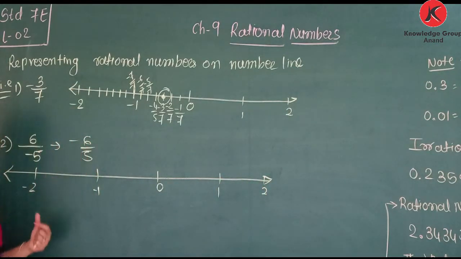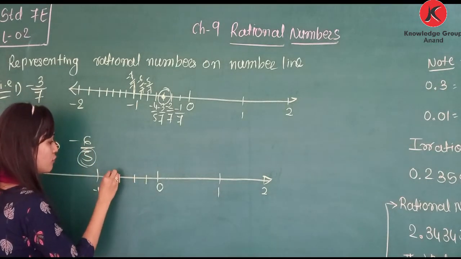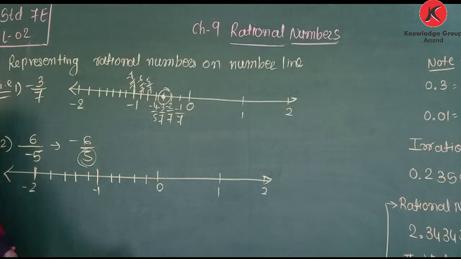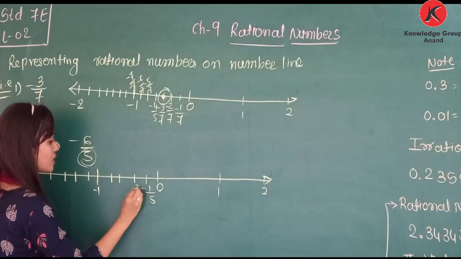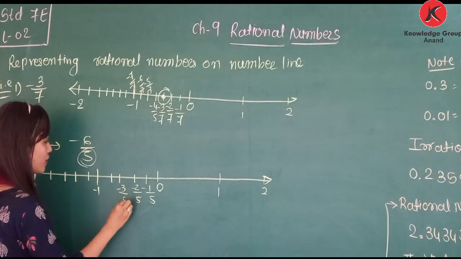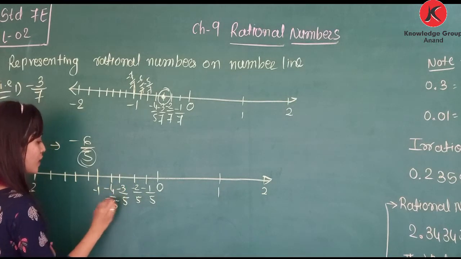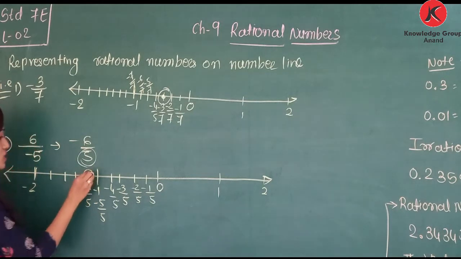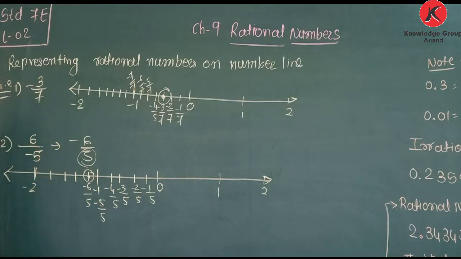Divide each part into 5 equal parts because the denominator is 5. So 1, 2, 3, 4 and 5. 1, 2, 3, 4 and 5. So here minus 1 by 5, minus 2 by 5, minus 3 by 5, minus 4 by 5, minus 5 by 5, and minus 6 by 5 is here. So this is our rational number on a number line.